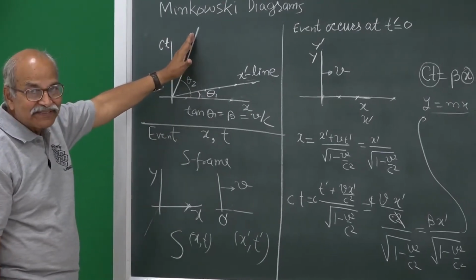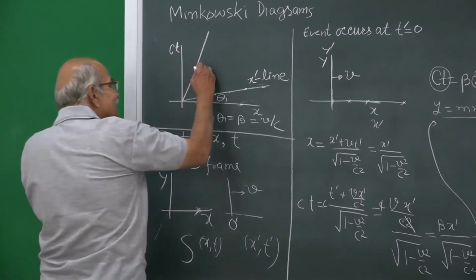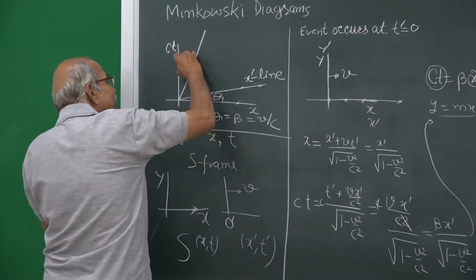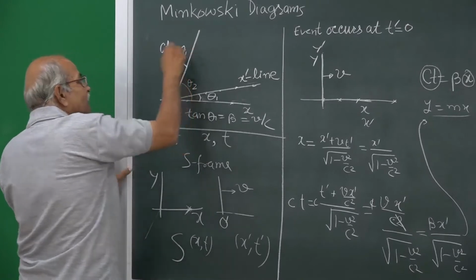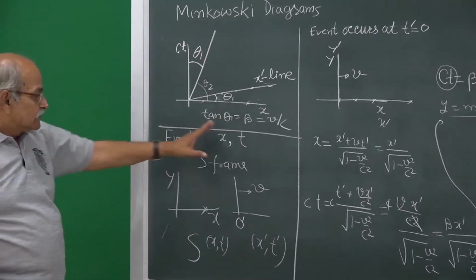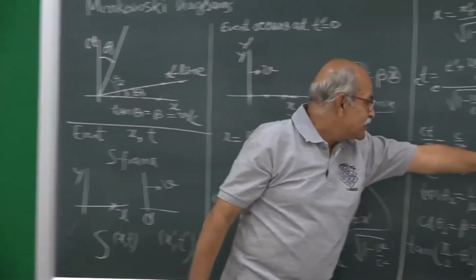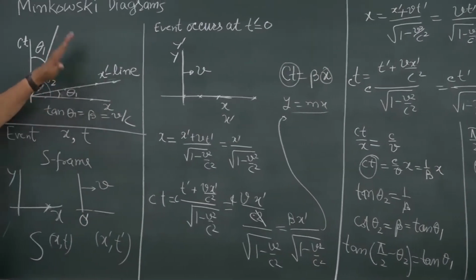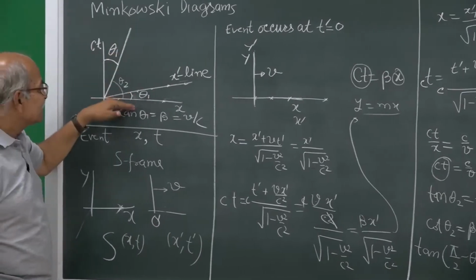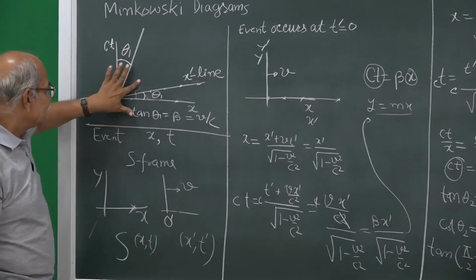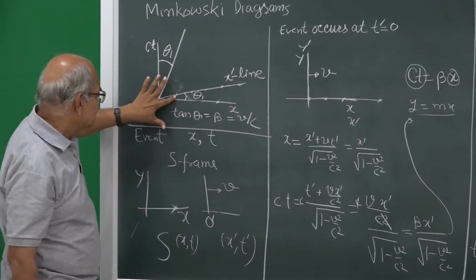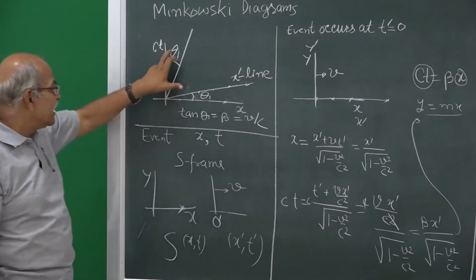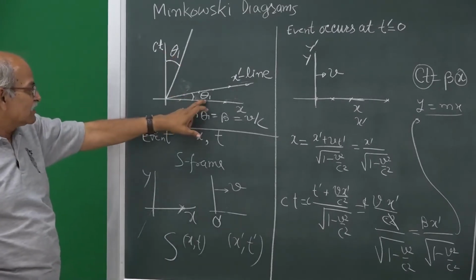What does that mean? That means this angle is theta 1. Theta 2 is pi by 2 minus theta 1. This whole thing is pi by 2 minus theta 1, that is theta 2. So, this line which I am drawing now makes an angle theta, the same theta 1 here, the same theta 1 here.